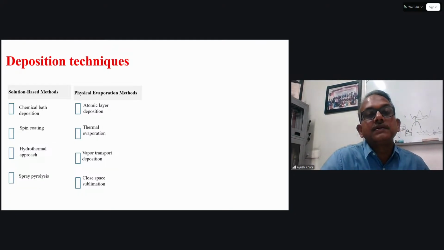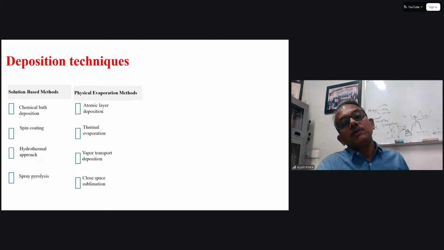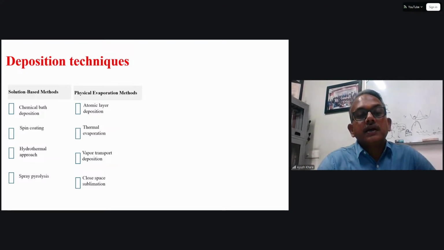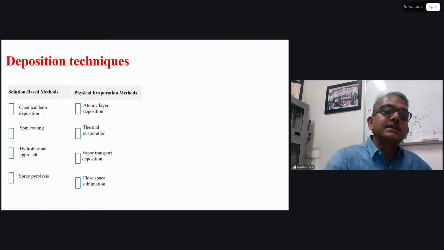On the other hand, we have physical deposition techniques such as atomic layer deposition, thermal evaporation, vapor transport deposition, and close space sublimation. The techniques mentioned on the left are not that expensive, but the techniques on the right-hand side are a bit sophisticated, more efficient, and expensive also.